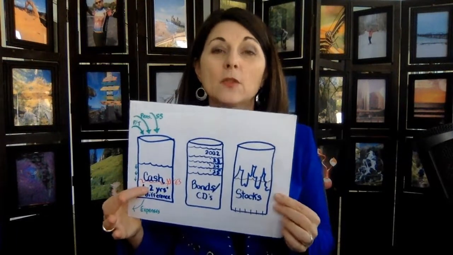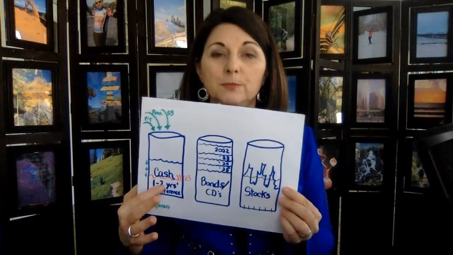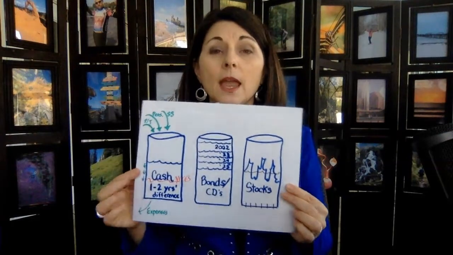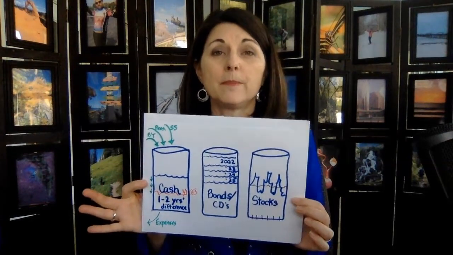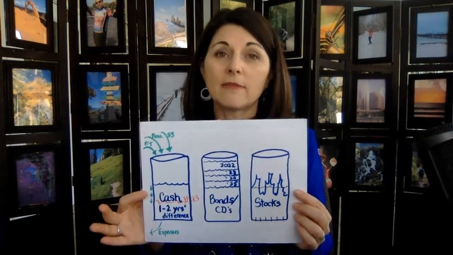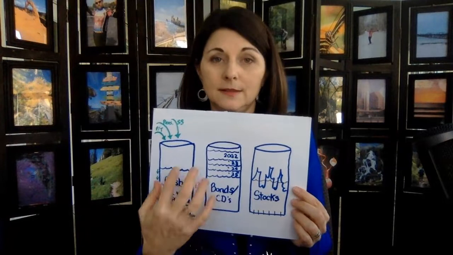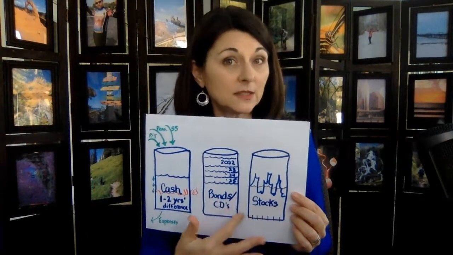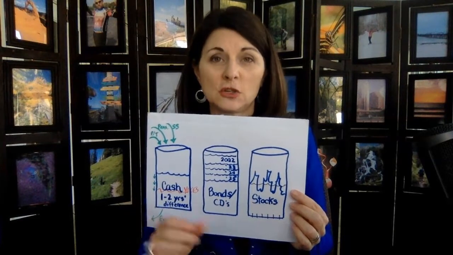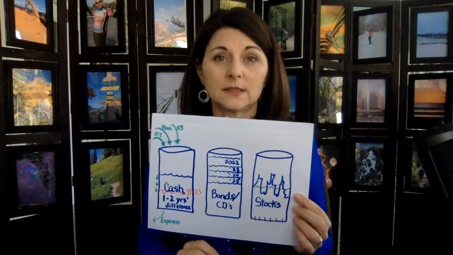Okay. Now the remainder gets split between bonds and stocks. And remember also from our food groups lesson that the proportion that you have in bonds and stocks and the different asset classes or food groups in there is a huge determinant of your long-term success.